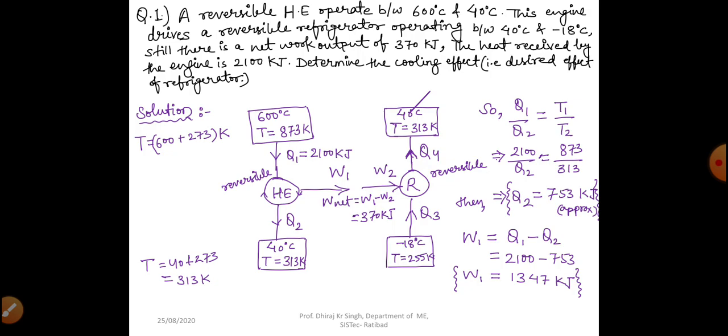If we want to find the COP of the refrigerator, the formula is desired effect divided by work input. Our desired effect is Q3 and the work input is W2. So the COP of a reversible refrigerator is Q3 divided by W2.